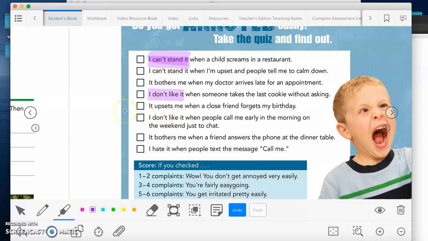What else can you see in there? Do you see any other clause with it?